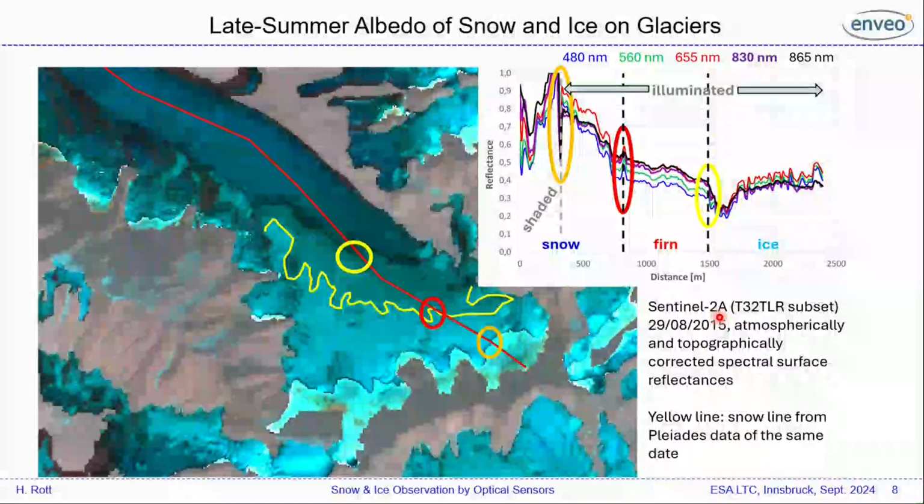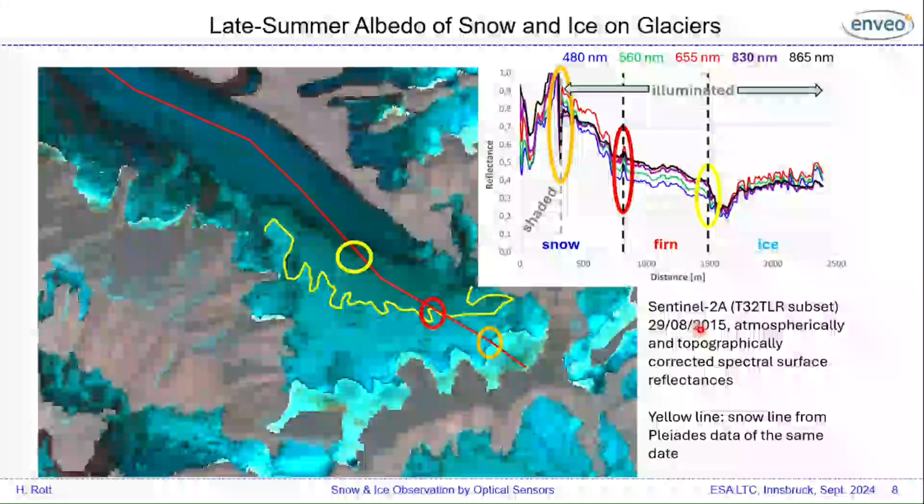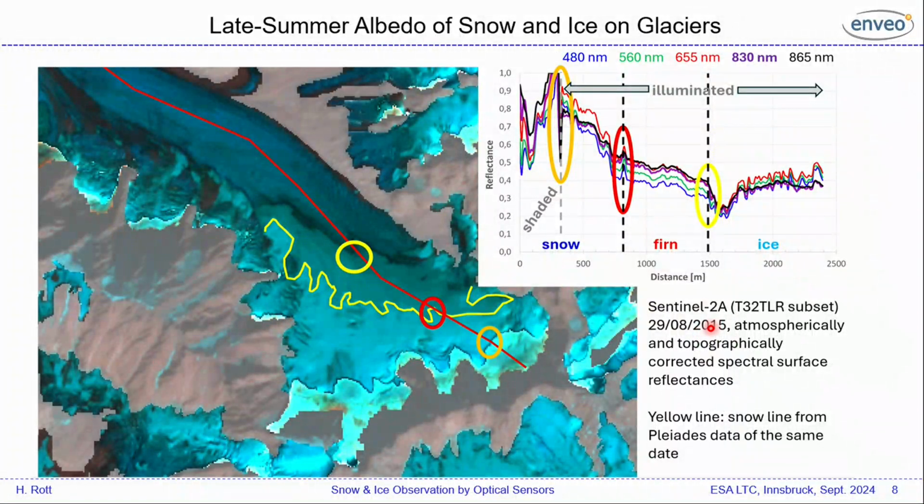It's reflectivity based on the top of atmosphere reflectance data of Sentinel-2, but they were atmospherically and topographically corrected using the 6S radiative transfer model, somewhere in late August 2015. So it's surface reflectance, and we were interested in the differences of reflectivity in the different glacier zones.